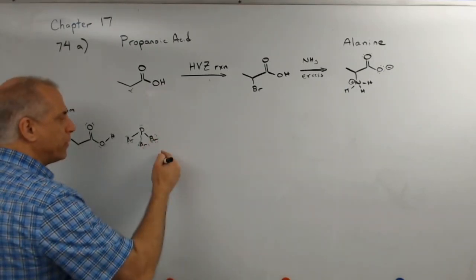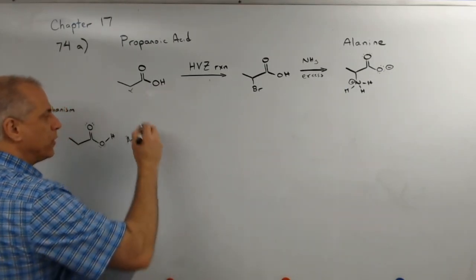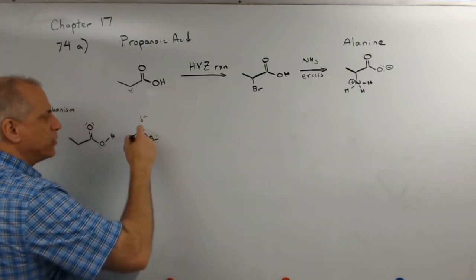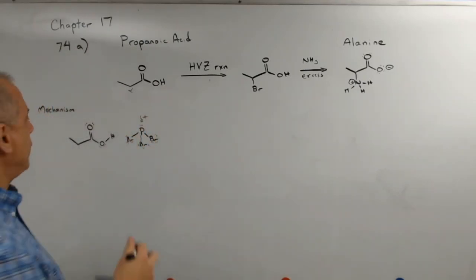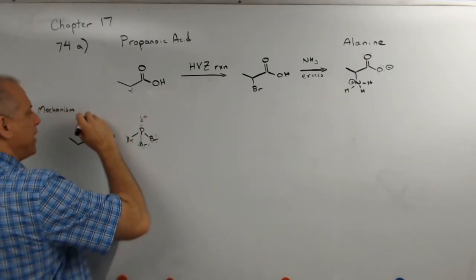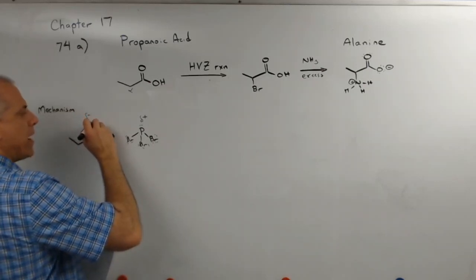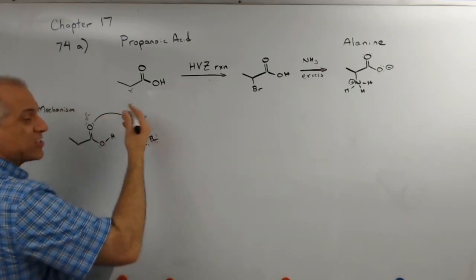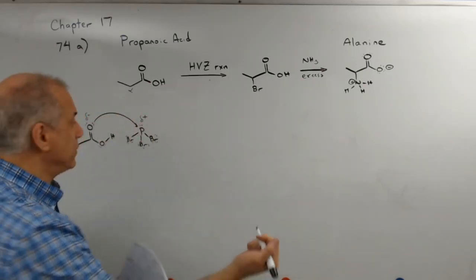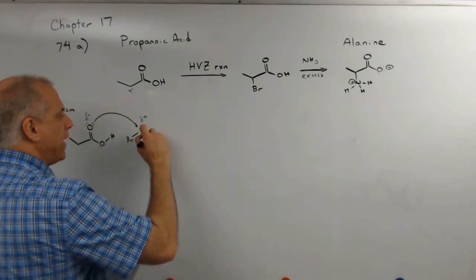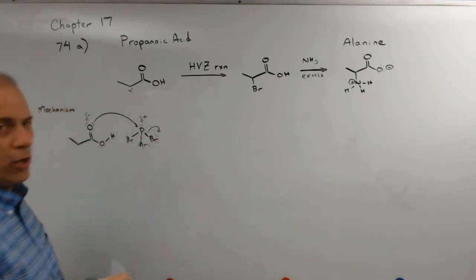Now, bromine's very electronegative. I've got 3 of them over here, so this phosphorus here is actually quite electrophilic. The first step here, this oxygen, delta minus, will get sucked into that phosphorus, and this will then pull out a bromide.